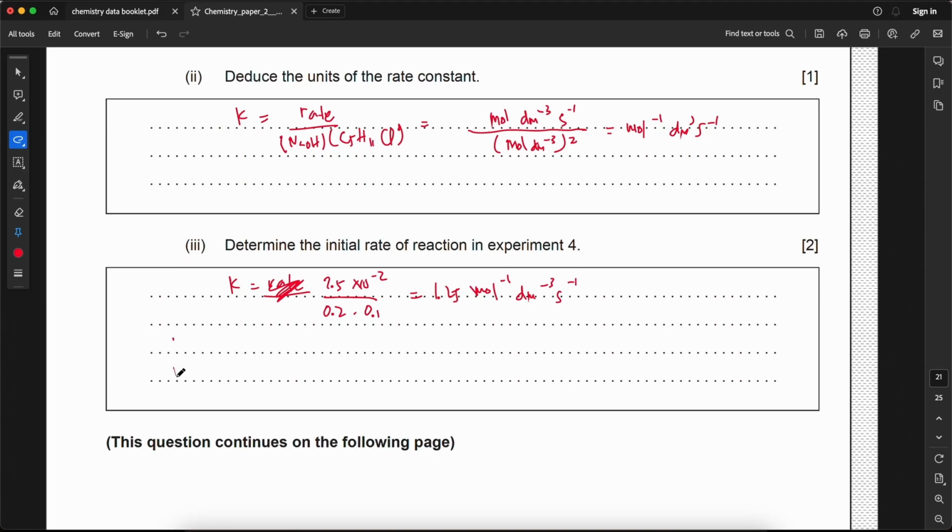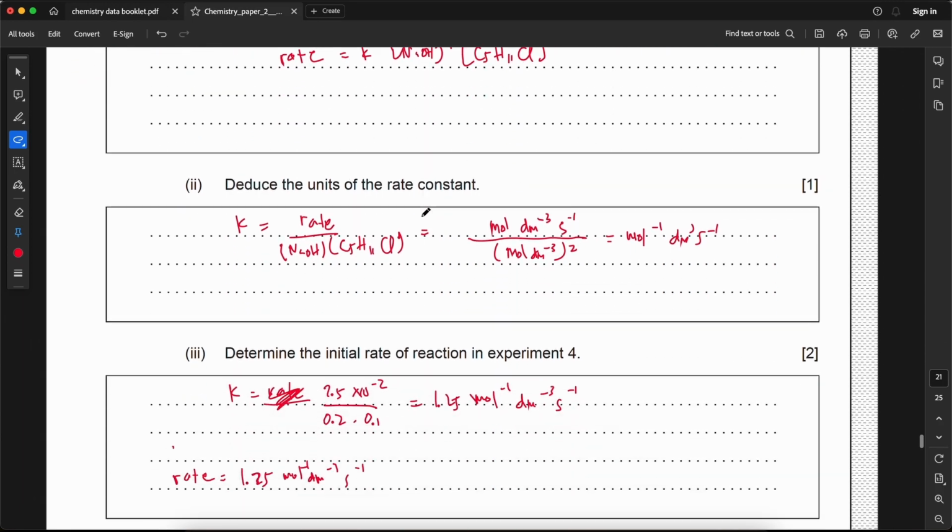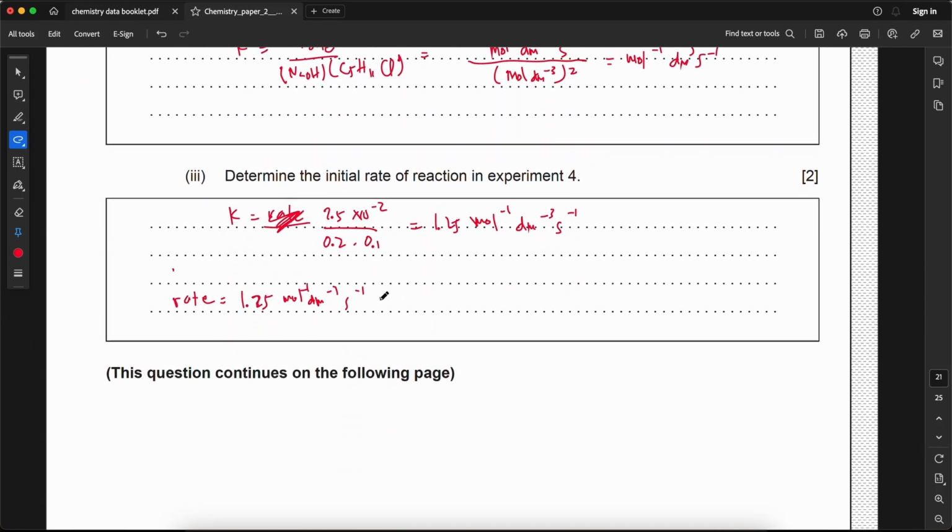And to find the rate, we use K of 1.25 mol^-1 dm^3 s^-1 and calculate with the concentration of NaOH and C5H11Cl, which is 0.6 and 0.25: 1.25 times 0.6 mol dm^-3 times 0.25 mol dm^-3.